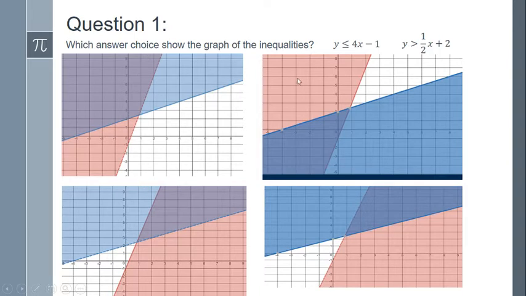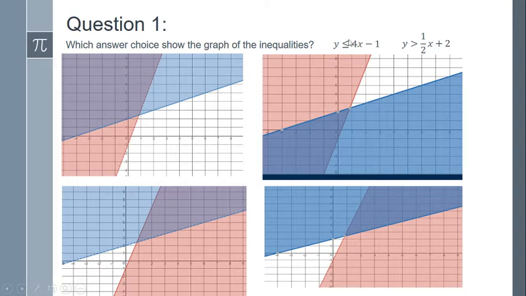If you look carefully at the options here for graphs, you'll notice that the same two lines are represented in each, but the shading is different for each. The shading and the line style, remember, are determined solely by the inequality symbol itself. It has nothing to do with whether the slope is positive or negative. Those two things are controlled exclusively by the inequality symbol.